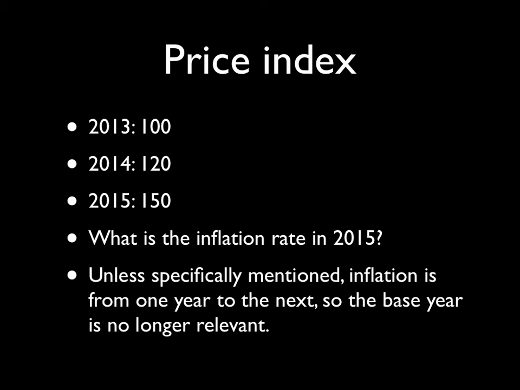So there's our answers. So now another way that this question could go is to ask what is the inflation rate in 2015. Unless they specifically tell you otherwise, inflation is from one year to the next, so going from 2014 to 2015, or from 2013 to 2014. So why that's important is that there's no need for a base year anymore, so the base year is no longer relevant for this.